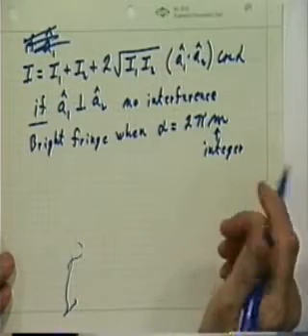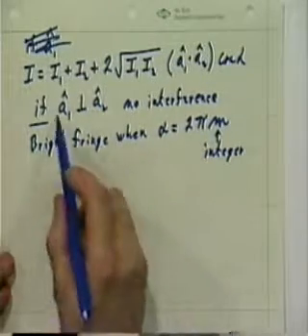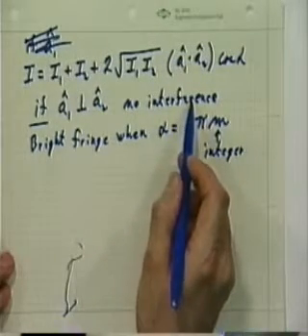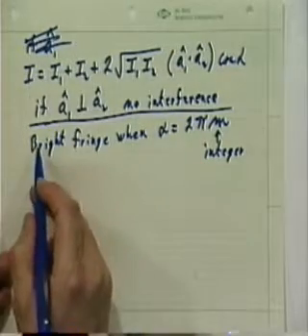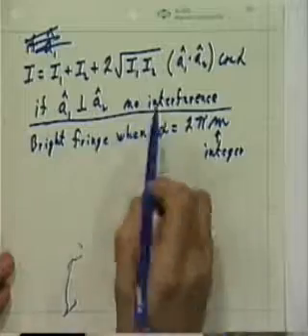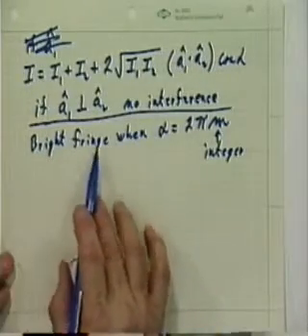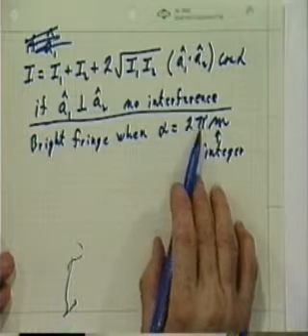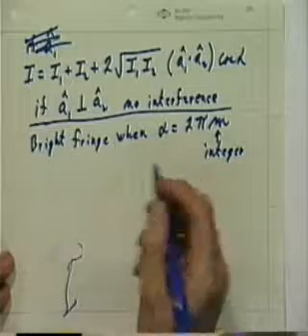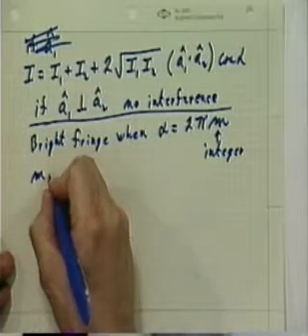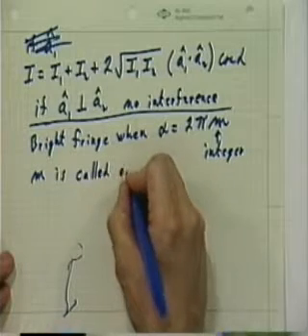Question? Yeah, if this is true, we have no interference. End of that. Now we're down here, we're assuming that these are not perpendicular, so we do get interference. And if we get interference, we're going to get a bright fringe when alpha is 2 pi times some integer m, and m is what we call the order number. So m is called order number.